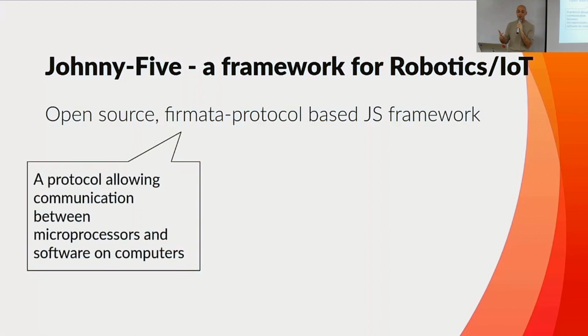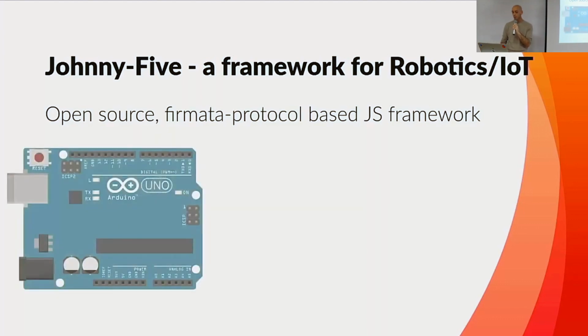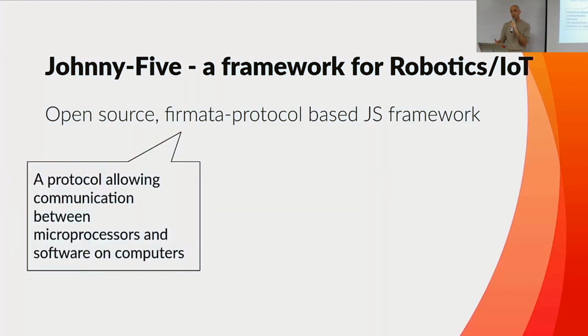Firmata protocol basically means that it's based on the Firmata protocol, which is a protocol allowing communication between microprocessors and software on computers. And finally, it is a JavaScript framework, so obviously it is a set of code already there that you can call inside of your program and you can use in order to perform actions in a faster way.